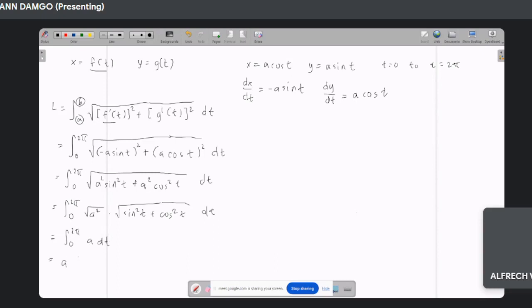We have a integration of 0 to 2 pi dt. Okay? So, the integration of dt is t. So, mura na siya integration of dx is x plus c. So, evaluated from 0 to 2 pi. So, evaluate. So, we have 2 pi a. So, when t is 2 pi, and then minus, when t is 0, we have 0. So, this is equal to 2 pi a. So, we have the length of r.